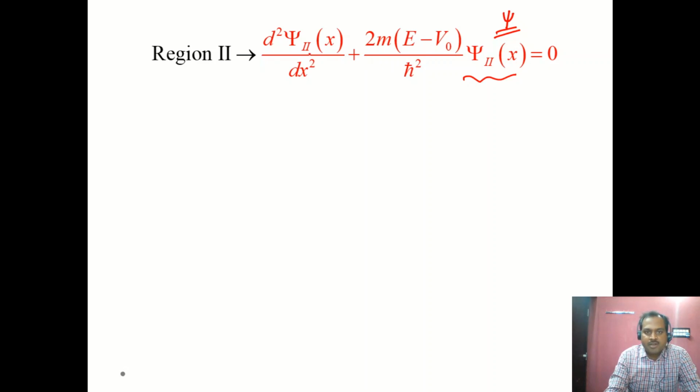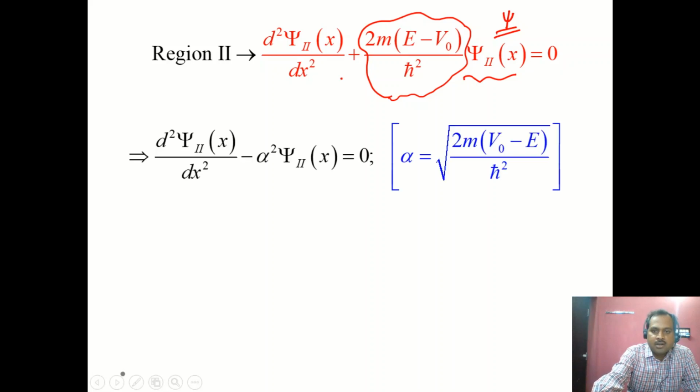Now we are representing it with psi 2 of x. Now this particular constant can be written in terms of alpha, which is root over 2m by h cross square into V naught minus E, so that this particular form can be written as minus alpha square psi 2 of x. Now again, this kind of equation is very common in physics.